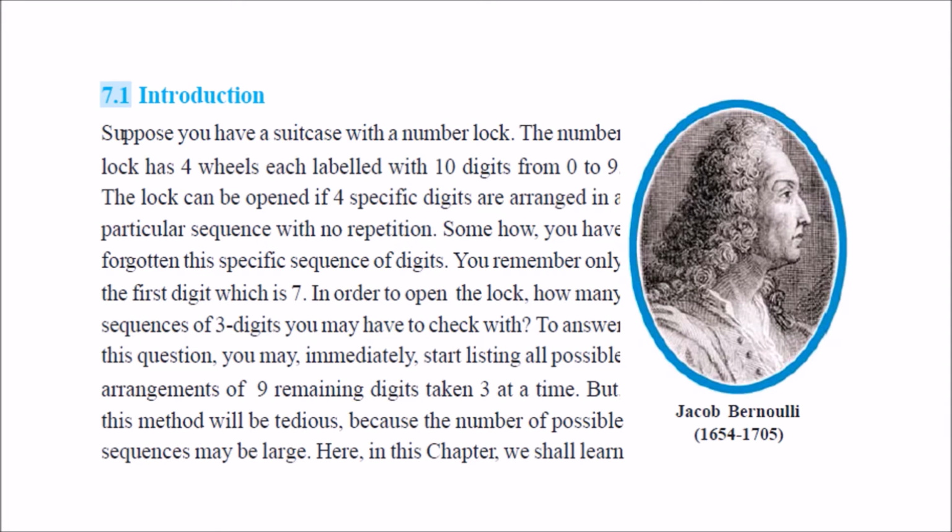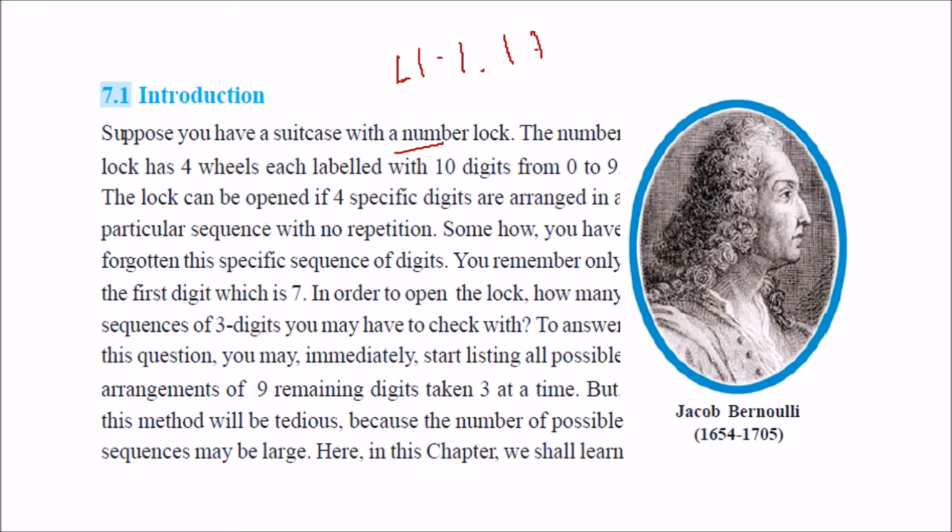In a similar manner, take an example: you have a suitcase with a number lock and there are four wheels here, and the numbers are from 0 to 9. If you forgot the number, you have to list and write all these numbers from 0 to 9 and try to find out what will be the proper choice.